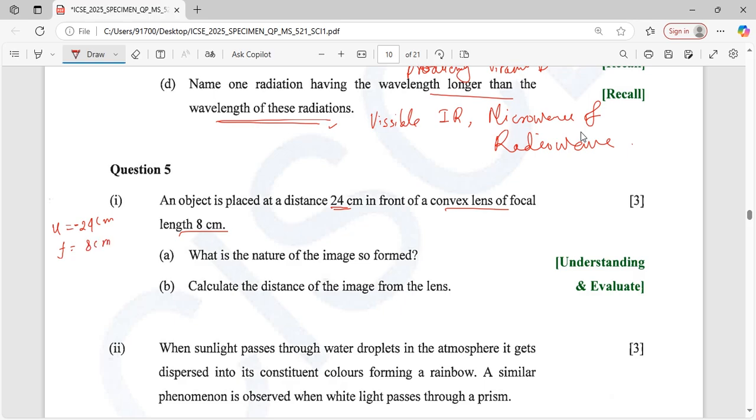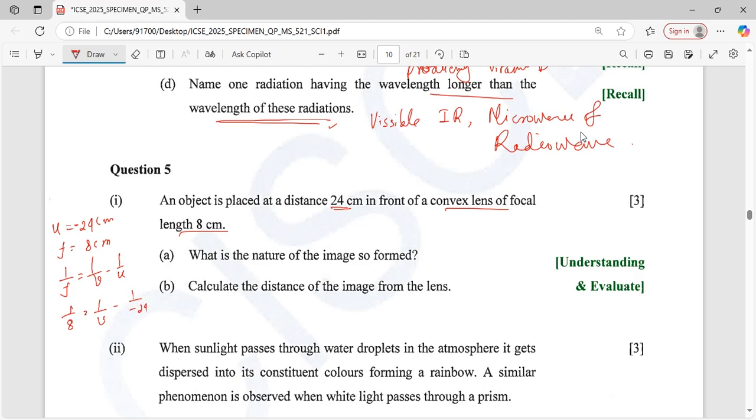We know the formula 1 by F equals 1 by V minus 1 by U. So 1 by 8 equals 1 by V minus 1 by minus 24.